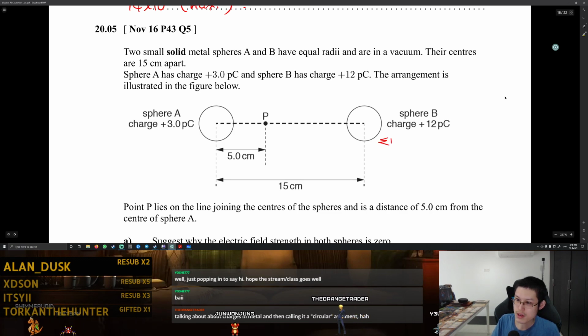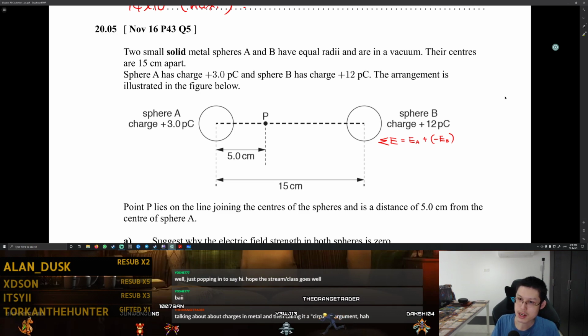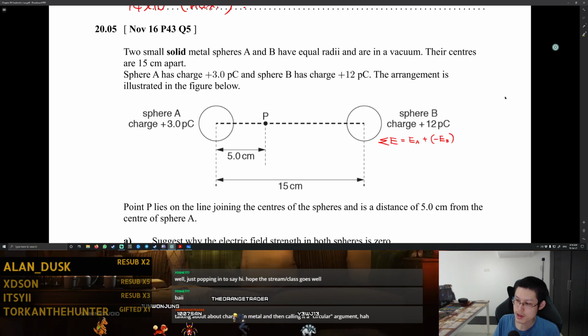Where was I? So we want to find the resultant electric field strength at P. So we have to take the electric field strength due to A plus the negative of the electric field strength due to B. It doesn't matter whether the charges are like or unlike or positive or negative. This is always the formula that you use.